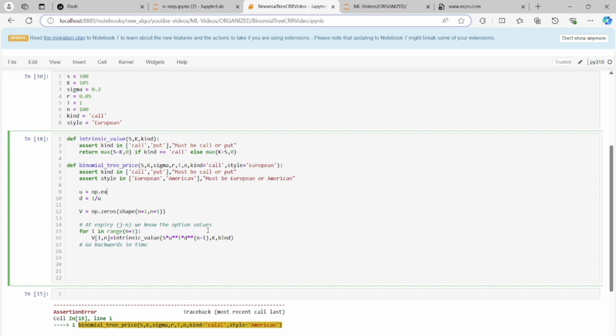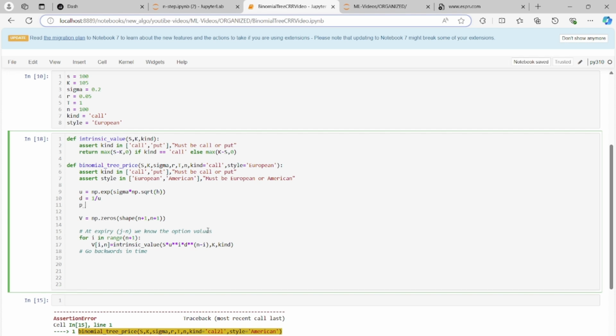But u equals np.exp of sigma times np.sqrt of h, and then d is 1 over u, and then p star, which is the risk neutral probability, I call it p_risk_neutral, equals, what was the formula? It was np.exp of r times h, minus d, over u minus d, something like that.